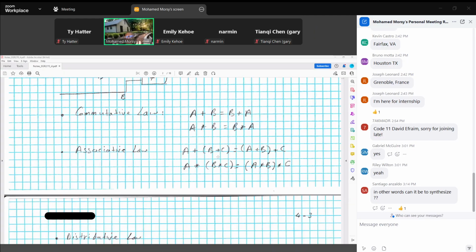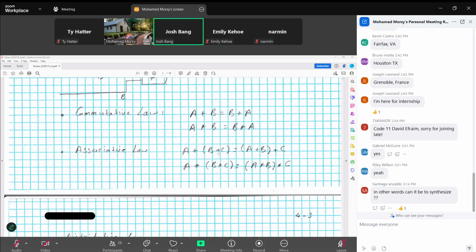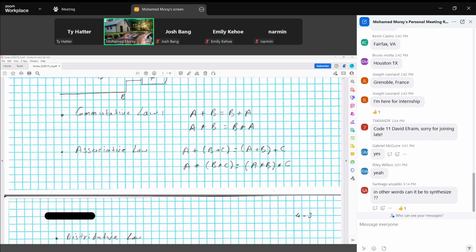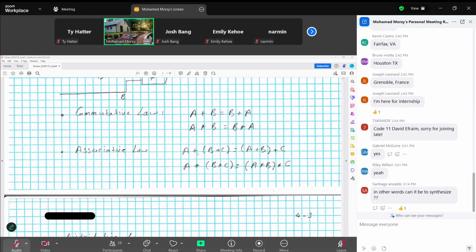So what does this mean, for your imagination? When we put A plus B plus C in brackets, what does this mean? Is this like a triple? You mean just one input. A is one input, and B plus C is one package as another input.